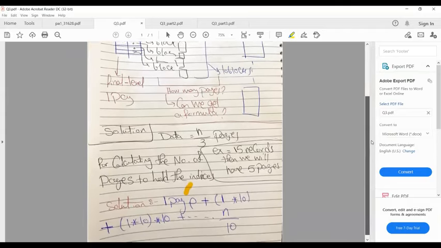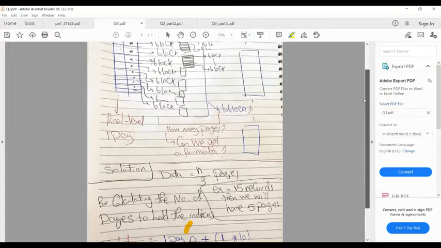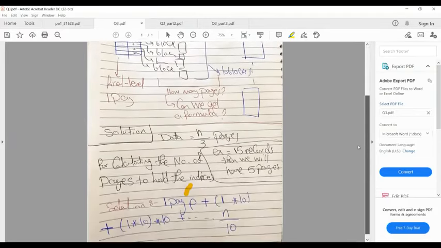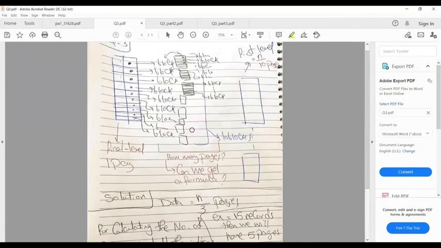So in the solution here, I included one page to count the final level, and 1 times 10 to include this second level. 1 times 10 meaning we have 10 blocks, because every single entry, as I said before, refers to a block. Now, each block consists of 10 entries, and every single entry will refer to a block.